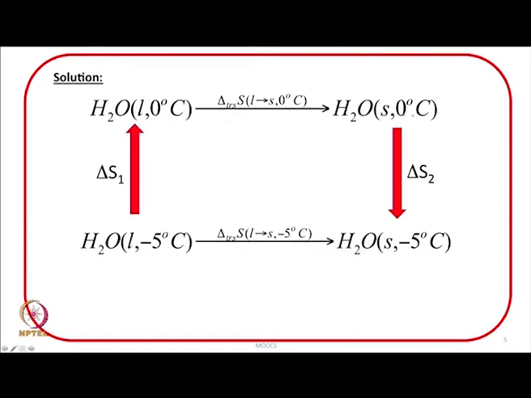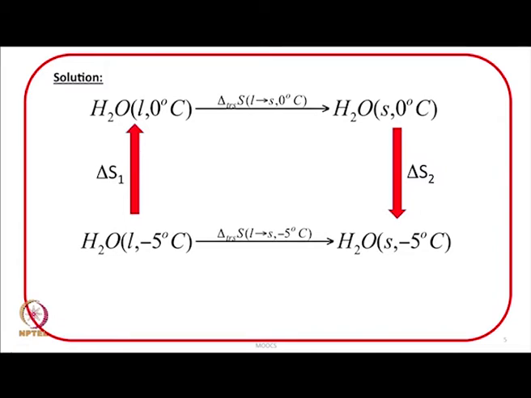Then there is a phase transition, let the liquid solidify at 0 degrees Celsius, that is a normal phase transition, and then you reduce the temperature to minus 5 degrees Celsius, and the corresponding change in entropy is delta S2. Therefore, we need to calculate delta S1, we need to calculate delta S for this transition, and we need to calculate delta S2.